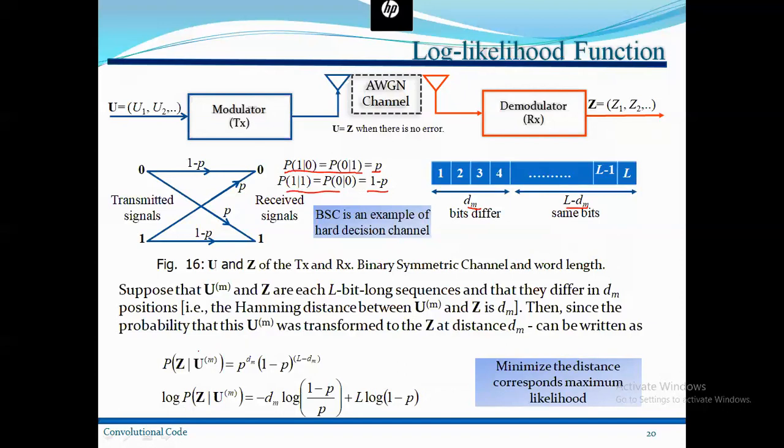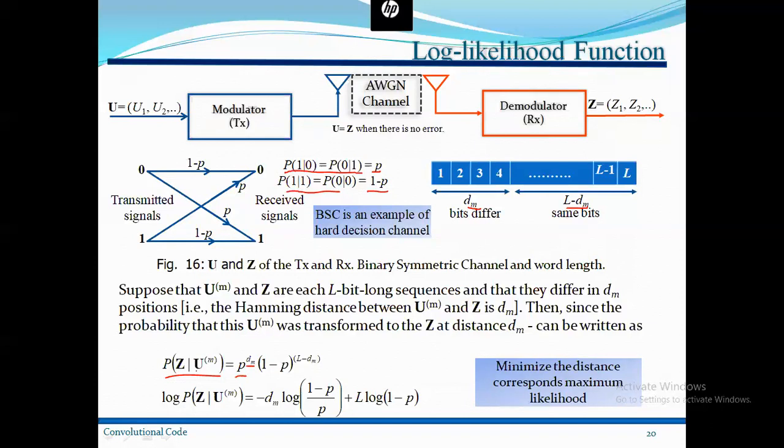So the conditional probability of the code word sequence is the probability of the wrong decision raised to the number of differing bits among the sequence.